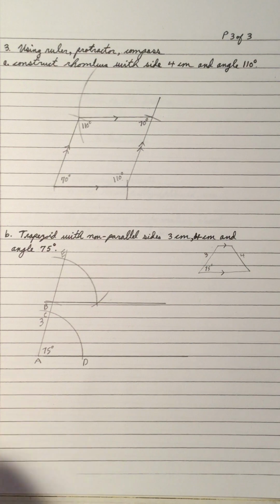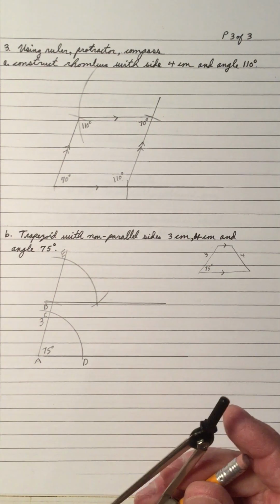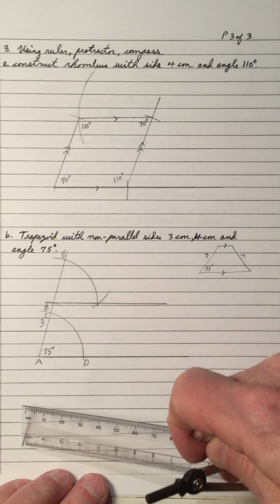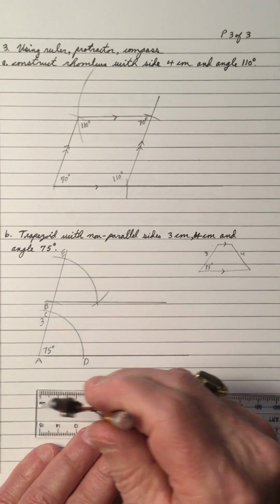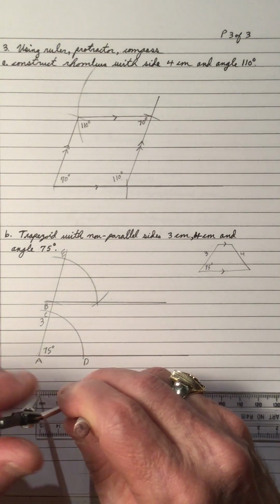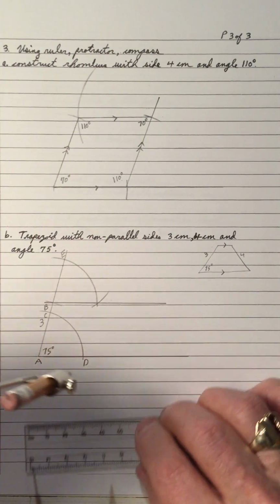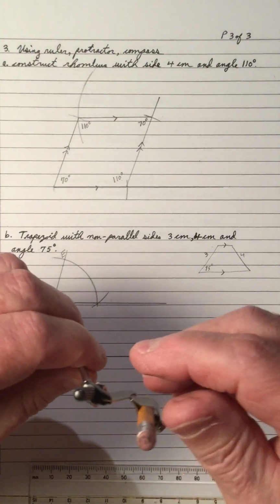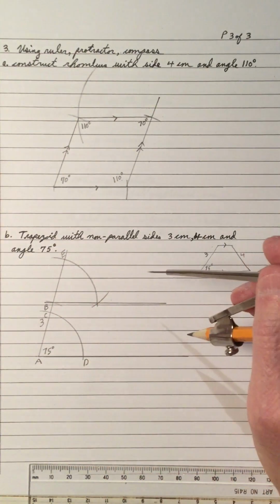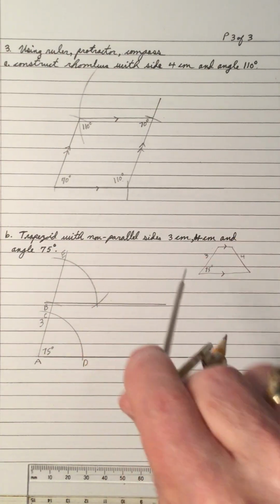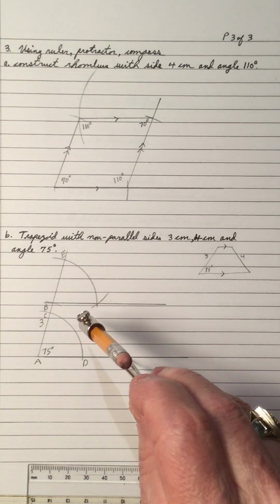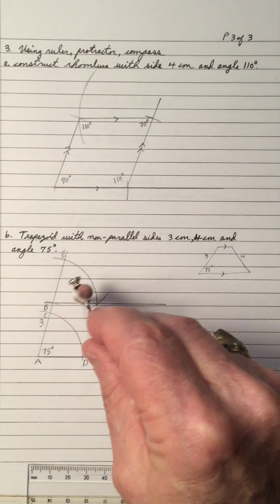And now I have parallel lines, so I can take the compass, take my ruler, I'm going to mark off a 4. So 4. Here we go. 4 centimeters is right there. So that means I can go anywhere, I can put it here and mark off 4.